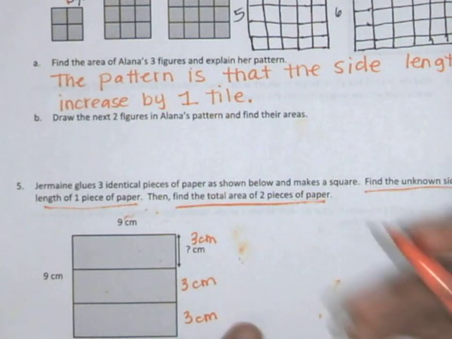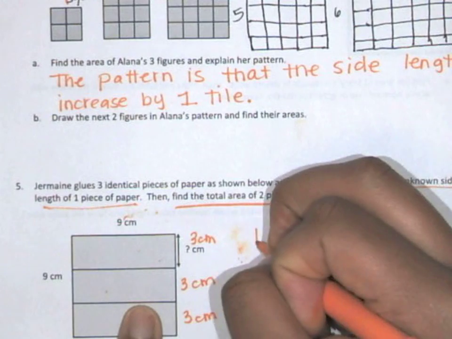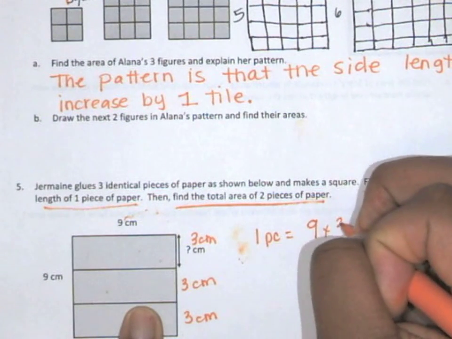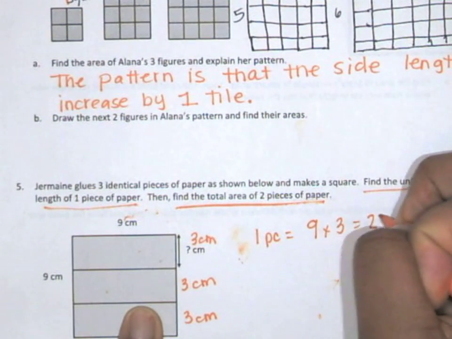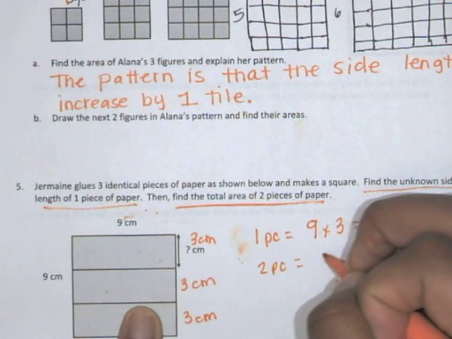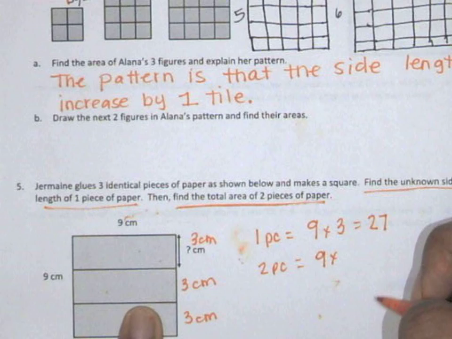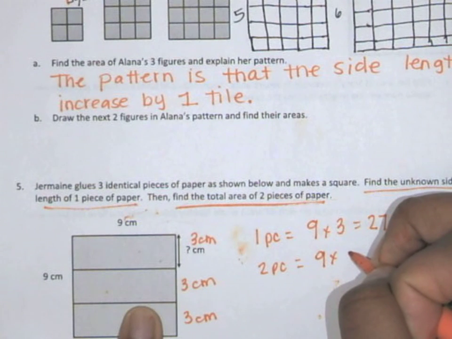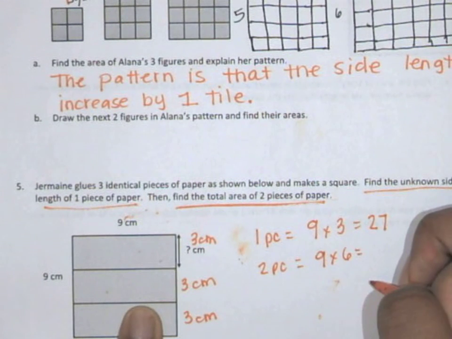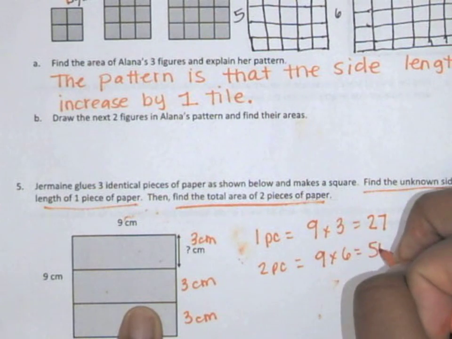All right, so we know that one piece of paper will equal 9 times 3, which equals 27. 2 pieces of paper will equal 9 times 6, which equals 54. Say it on the count of 3, 1, 2, 3, 54.